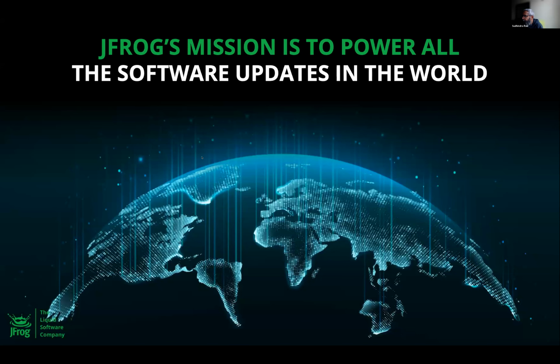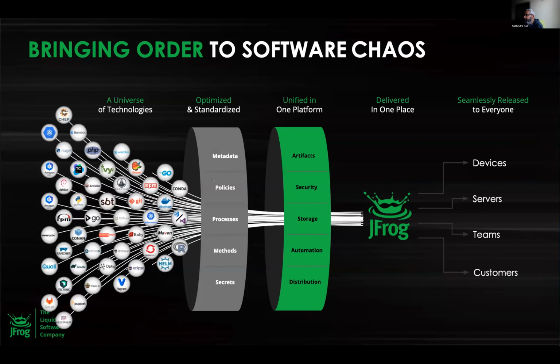Again, JFrog's mission is to power all the software updates in the world. And the way we are doing that is bringing what we call order to the software chaos, bringing in this universe of technologies, different package managers, programming language types, optimizing and standardizing on things like metadata, policies, processes, methods, and secrets into one single platform, what we call the JFrog Platform, where we holistically look at artifacts, security, storage, optimization, automation, and distribution, all delivered in one single place, what we call a JFrog Platform Deployment.